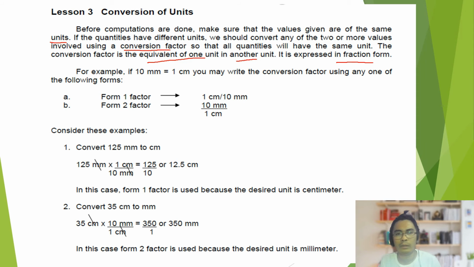For example, if 10 millimeters is 1 centimeter, as in our previous activity in 1.1, you may write the conversion factor using any of the following forms. It can look like this: 1 centimeter per 10 millimeters. Or it can also be reversed: 10 millimeters per 1 centimeter.